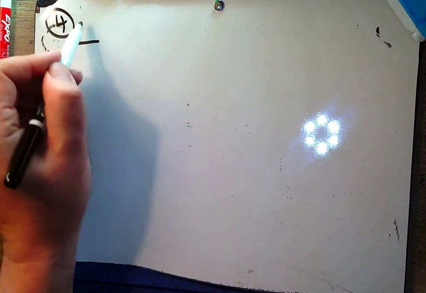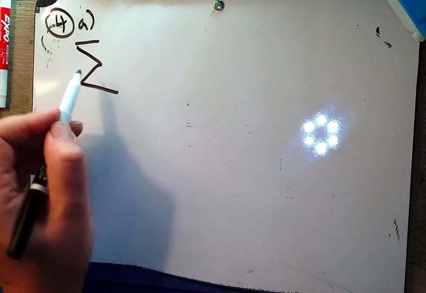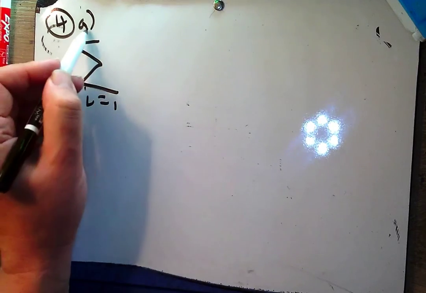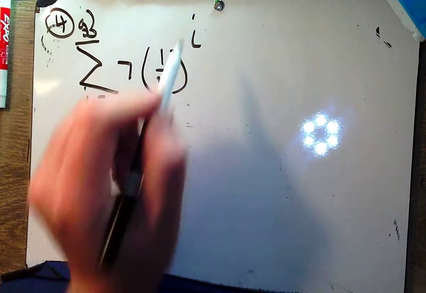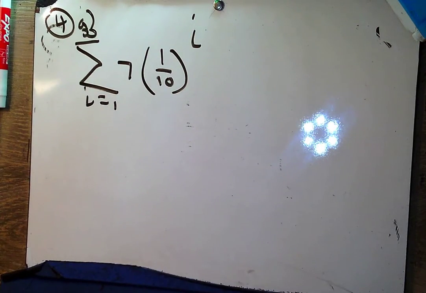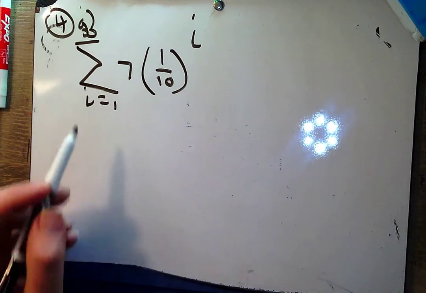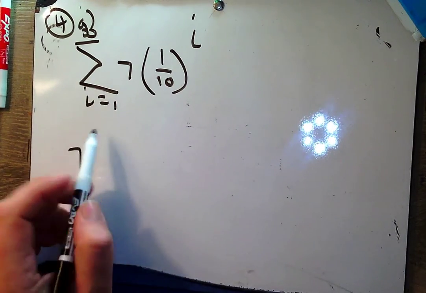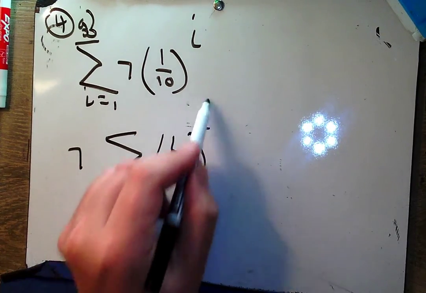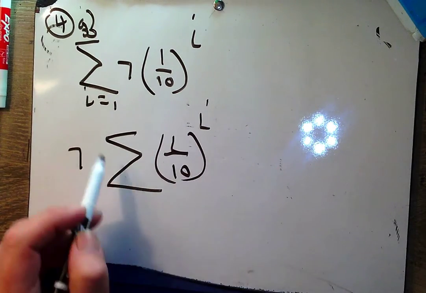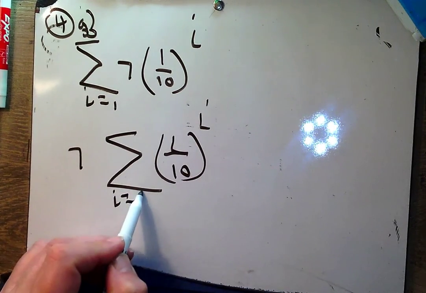And this is number 4, and I got part A. Sigma goes from I equals 1 to infinity of 7 times 1/10 to the I. Okay, so I remember when we did this in the video, we pulled that 7 out and looked at 1/10 to the I.